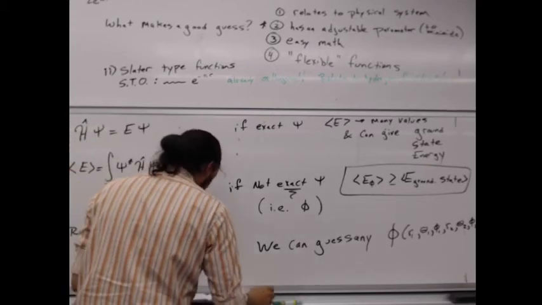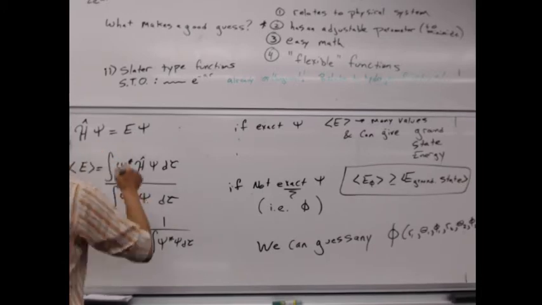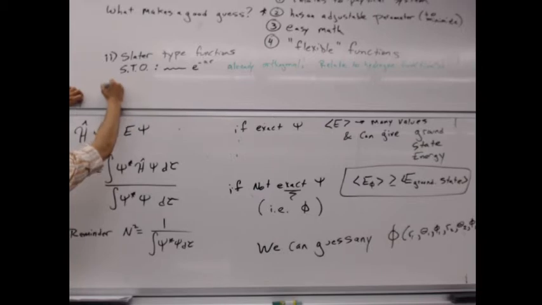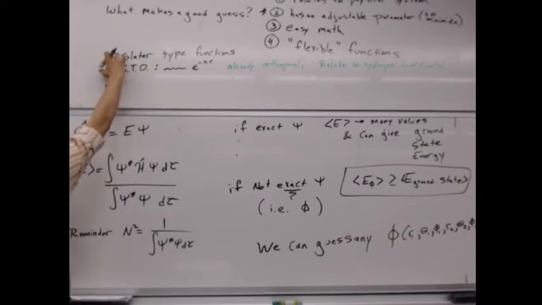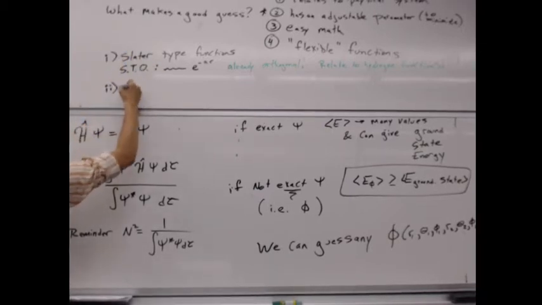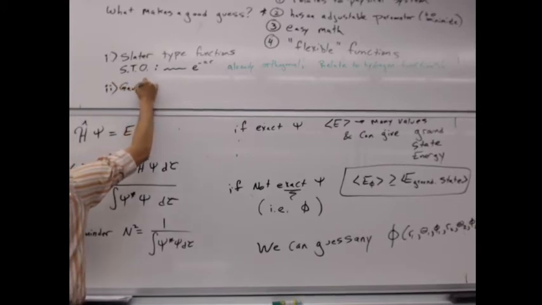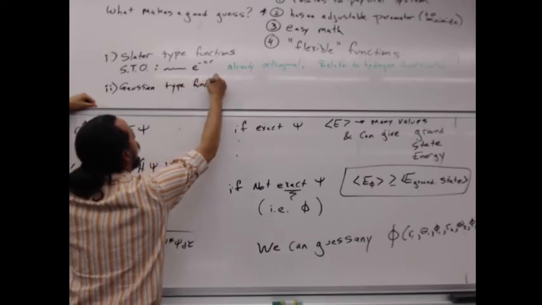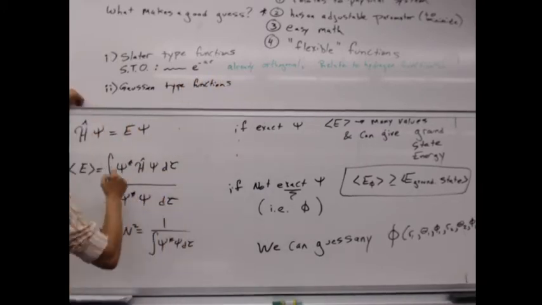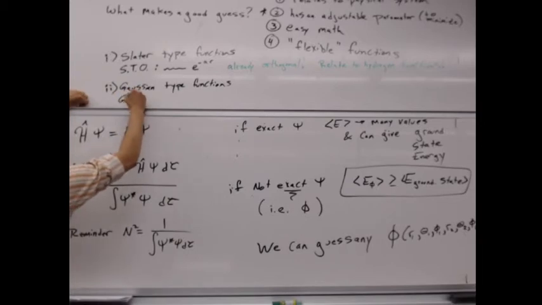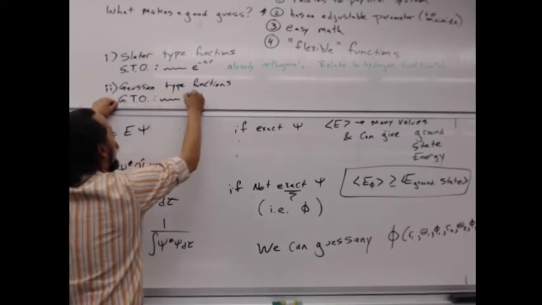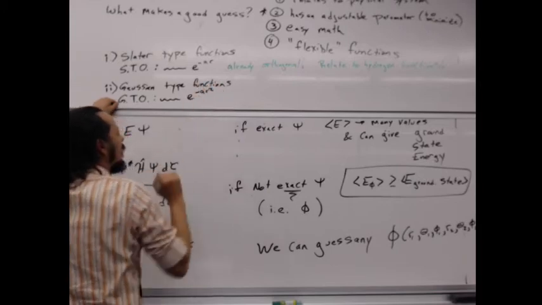And there's a second type of really popular set of functions that people use. And there are more than just these two. I don't know why I started with that being two. Gaussian type functions, which we often call Gaussian type orbitals, GTOs. These are often something with an e to the minus AR squared.